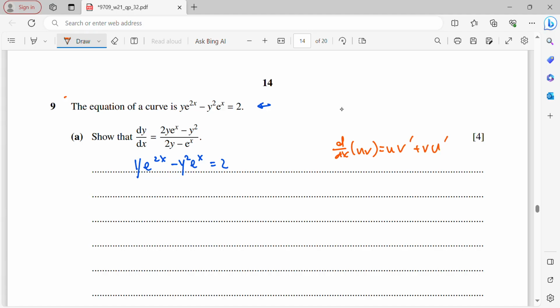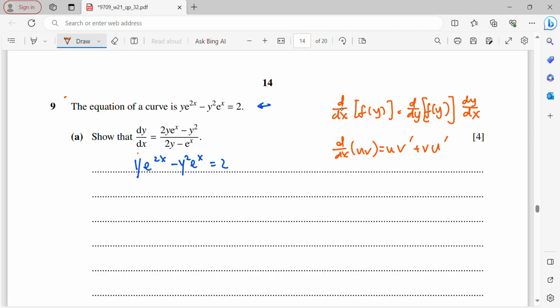But when you differentiate y with respect to x, we need to apply this formula: d over dy of f(y) times dy over dx. Because your f is a function of y, so when you differentiate, you must differentiate with respect to y.